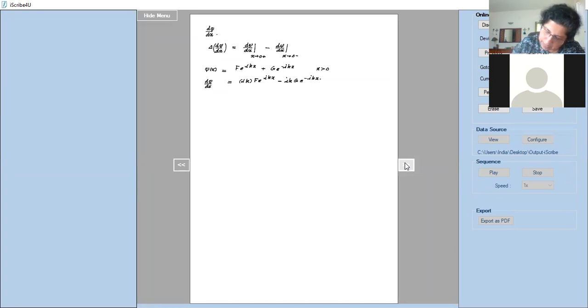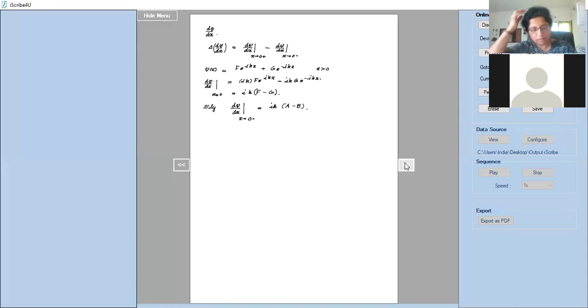At x equal to 0, we can take out the i and the k, and we will get F minus G. Similarly, dψ/dx at x tending to 0 from the negative side will give us ik into A minus B.